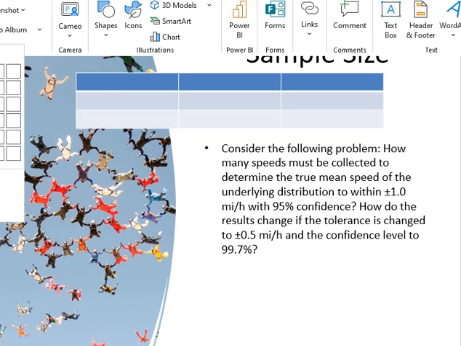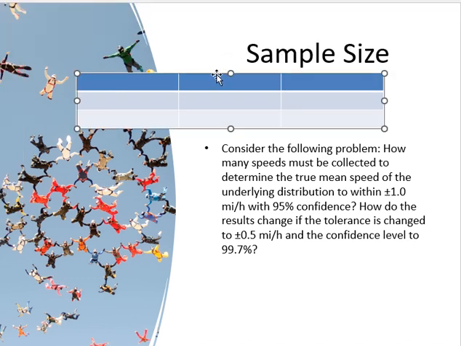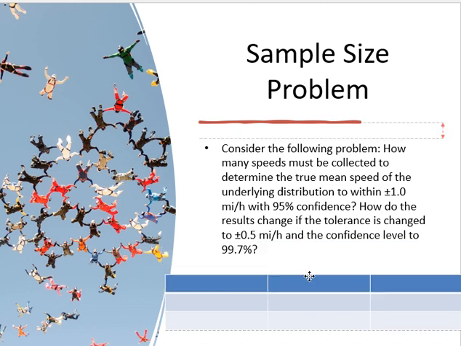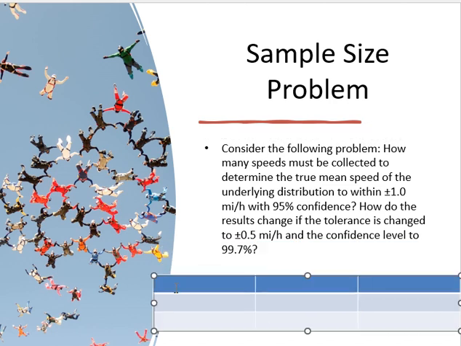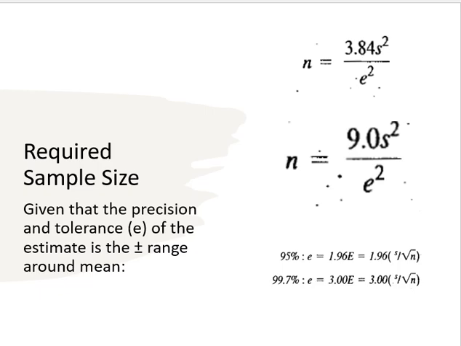So I need this table over here. So I have the tolerance level 1 and 0.5, and I have the confidence level 95% and 99.7%. In case of 95%, I'll be using this equation. In case of 99.7%, I'll be using this equation.